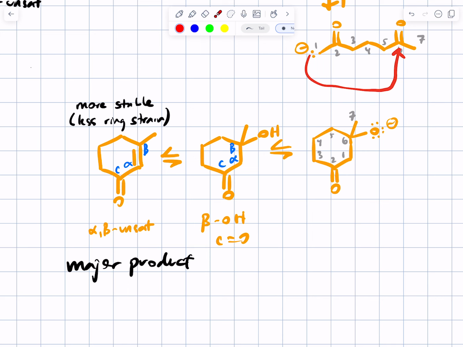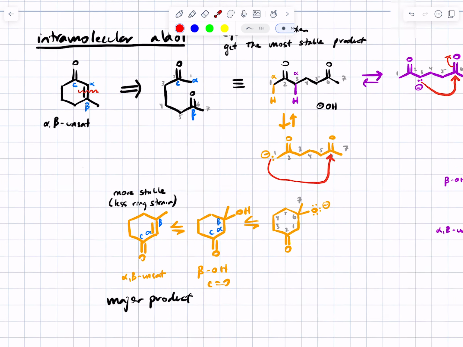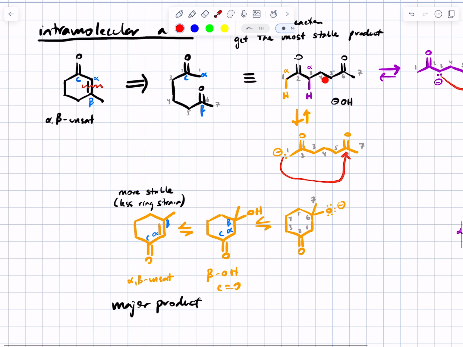The last reaction we will learn in this chapter is an example of that kind of thing, but we're not there yet. Okay, intramolecular aldol reaction. Moral of the story is, don't despair, even if you've got multiple alpha protons, make the most stable ring.